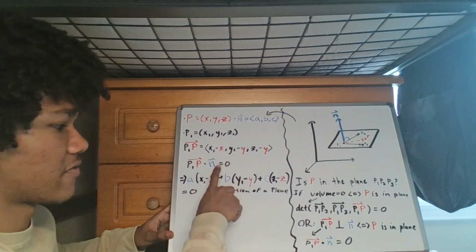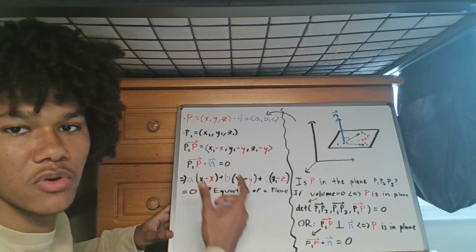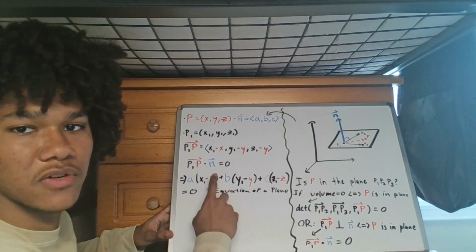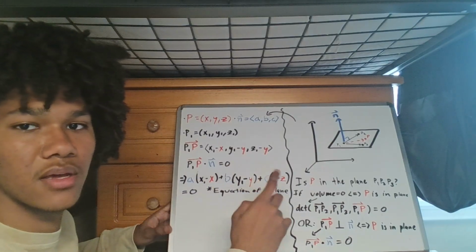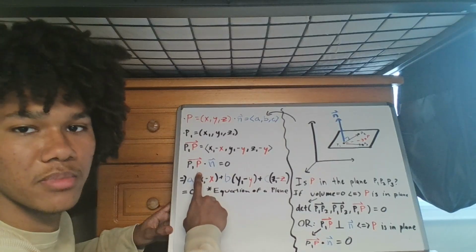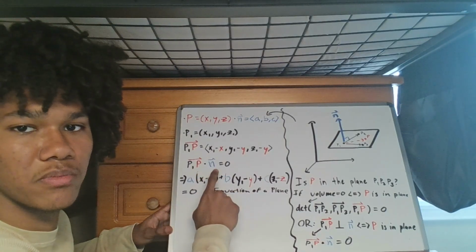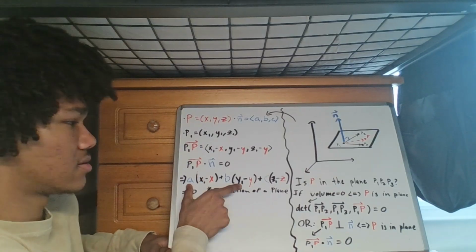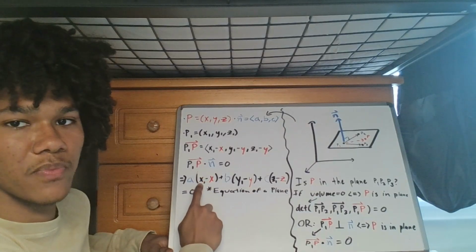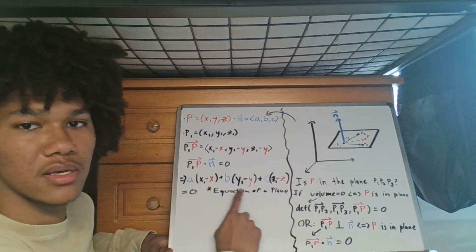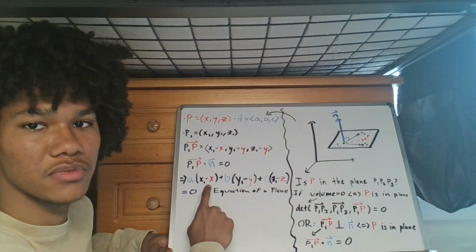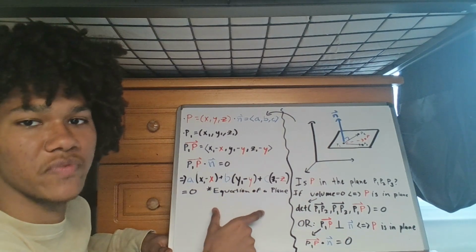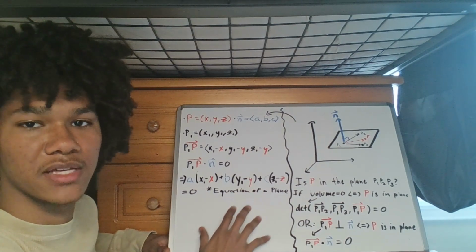Remember, we started with a vector that we don't know is on the plane, dotted with the normal vector of the plane, is equal to 0, which means that our arbitrary point is on the plane. This statement being true means that our point is on the plane. And what we've said now is that given that our point is on the plane, any point that we select with arbitrary values x, y, and z has to satisfy this equation. And what we've done now is we've arrived at the equation of a plane.